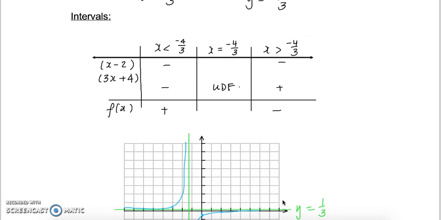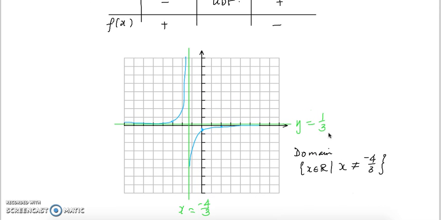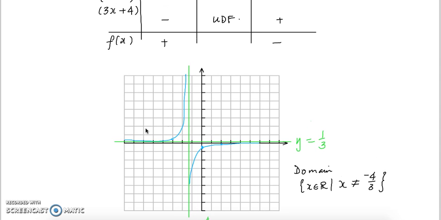And so we can use this information to help us determine that, well, here are my VA and HA, and the region to the left is a positive branch. It will sit above your HA, the horizontal asymptote, and the branch on the right will sit below that.